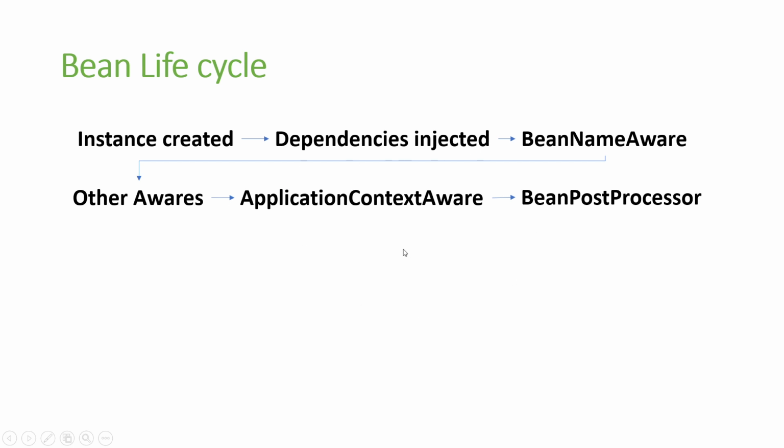After that, the bean itself will be provided to the BeanPostProcessor. It has 2 methods. One gets called before initialization of the bean, and the other gets called after initialization. The bean itself is passed as an argument to that method. We will see this in practical now itself.